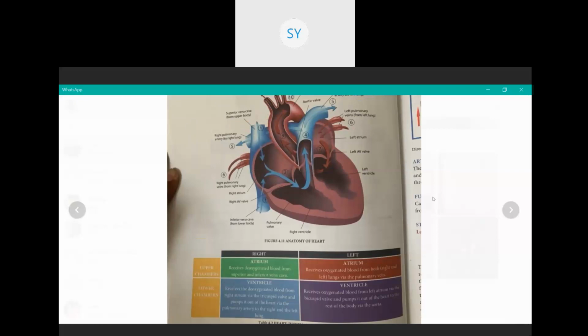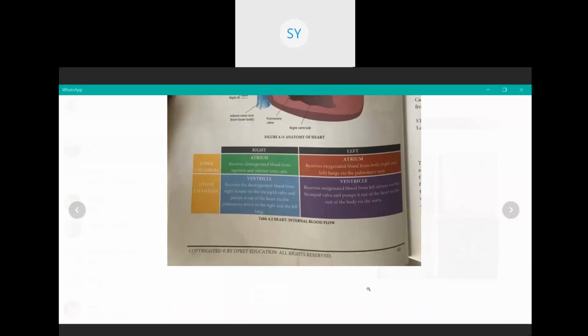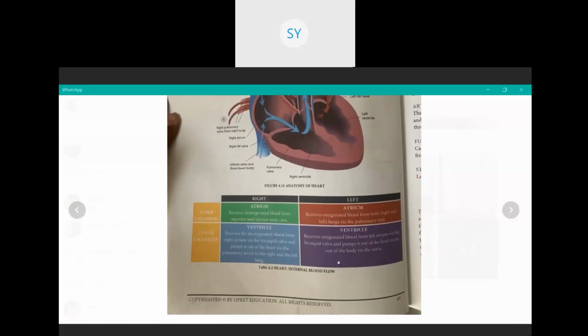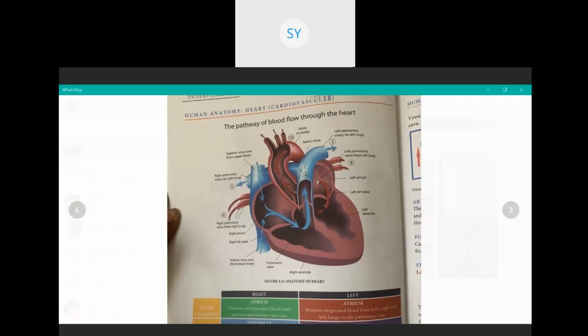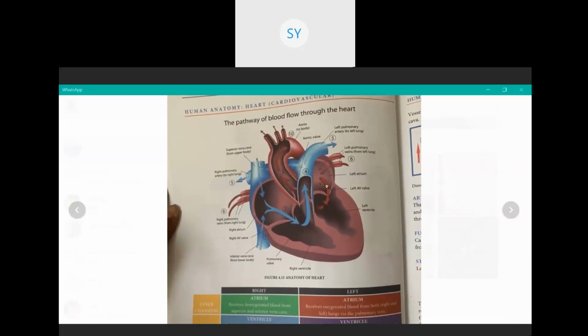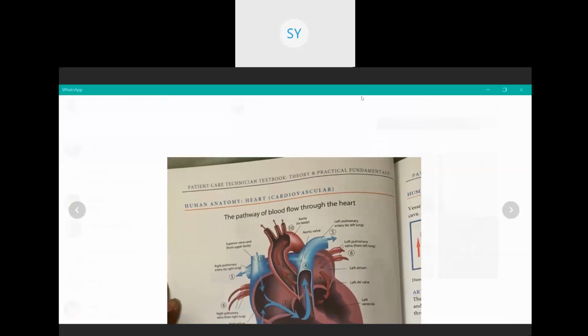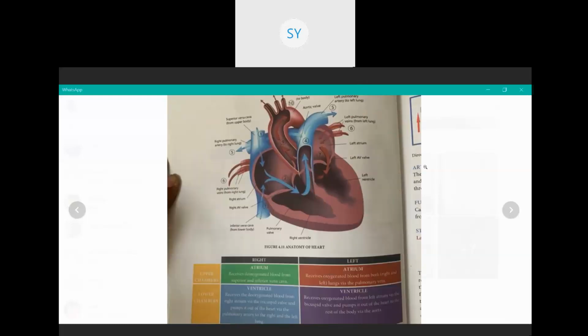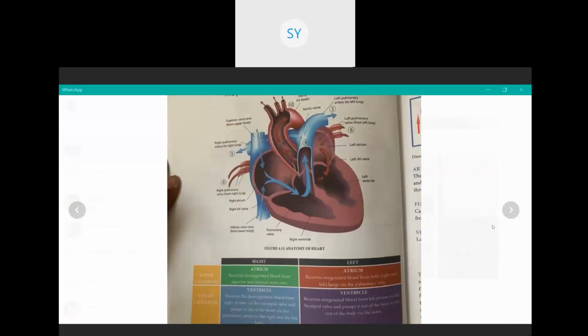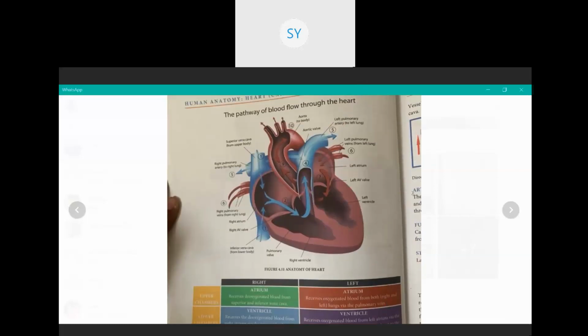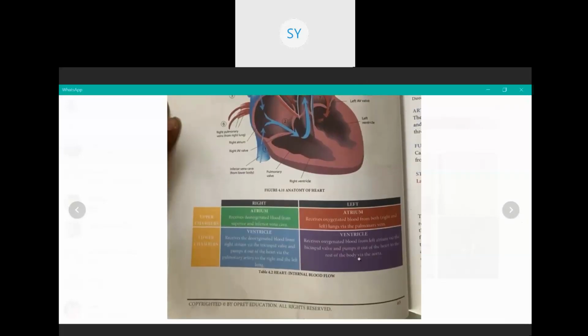Another portion on the lower chamber, it's also telling you, receives oxygenated blood from the left atrium. See here, this is oxygenated, right? On the left side, I mean to say, the deoxygenated blood becomes oxygenated by the help of the lung.